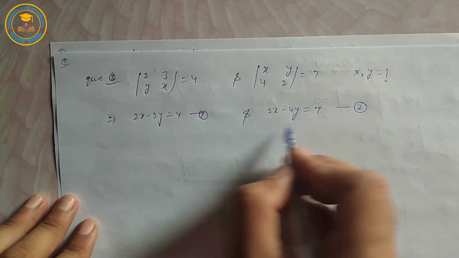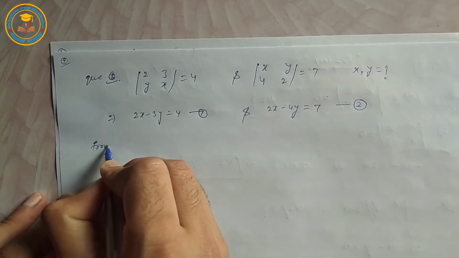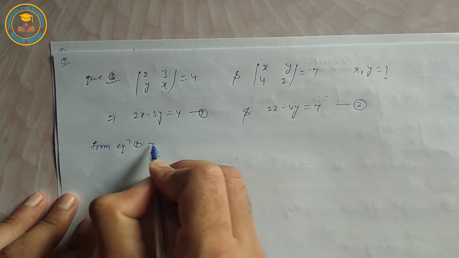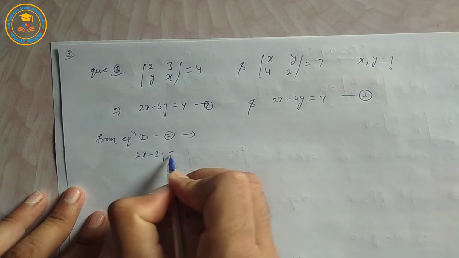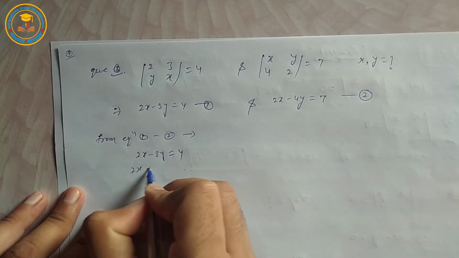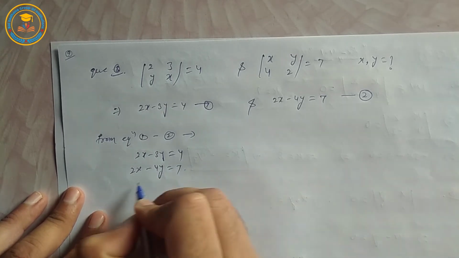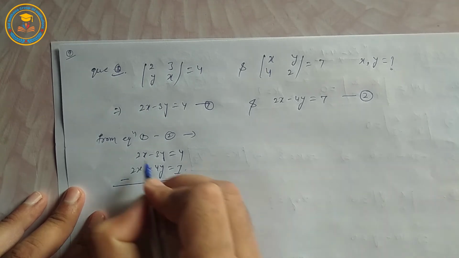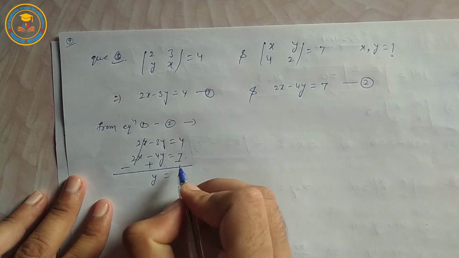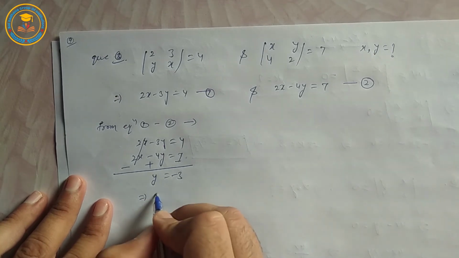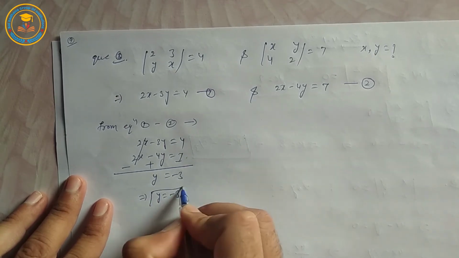From equation first minus 2: 2x minus 3y is equal to 4, 2x minus 4y is equal to 7. Subtracting, 2x cancels out, minus 3y plus 4y gives y is equal to -3. It means y is equal to -3.